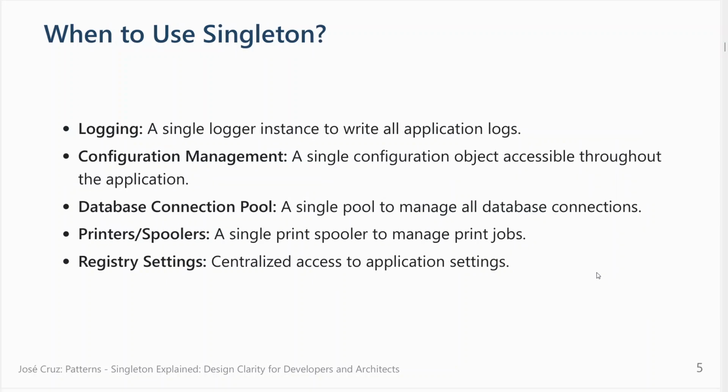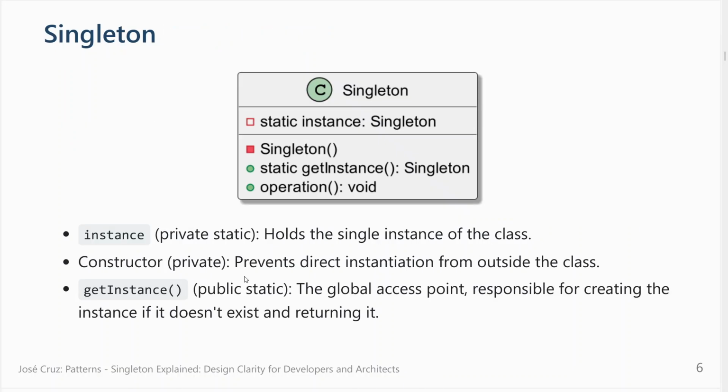So when do you want to use it? Logging, configuration management, as I was saying, database connection pools, printer spoolers, registry settings. There are a lot of scenarios. At the end of the day, you just want a source of truth, which means that you only want one instance. So usually in a simple implementation using UML, you have a class, let's call it Singleton. You have a static instance because you want to guarantee that you only have one, and you want the constructor to be private.